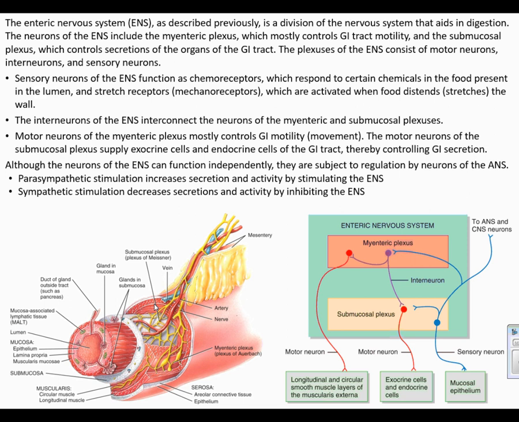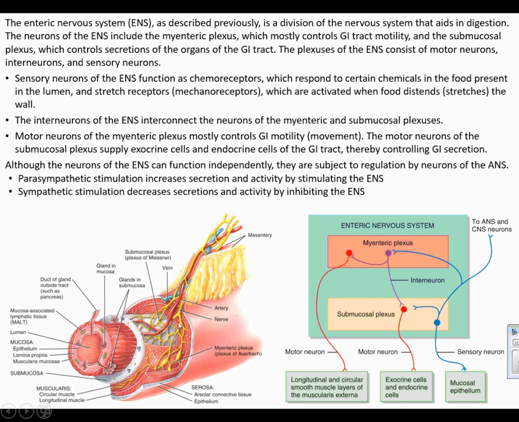Okay. Now let's talk more about that enteric plexus. Okay. Those 2 enteric plexuses, excuse me. Our enteric nervous system, as we learned previously, is a division of the nervous system aiding in digestion. Neurons of the enteric nervous system include the myenteric plexus, or sometimes you'll see it's listed as the plexus of Auerbach.